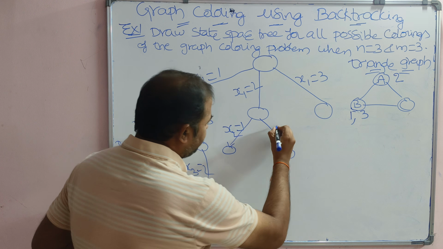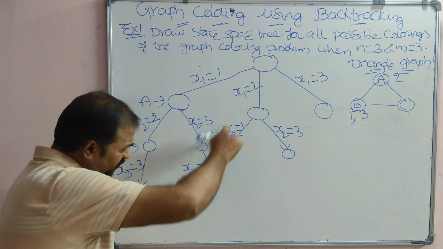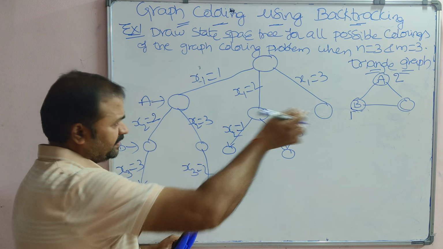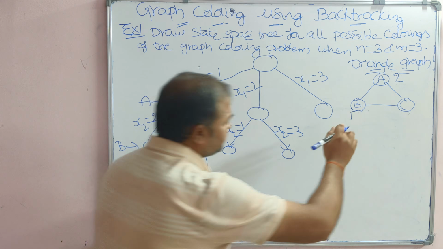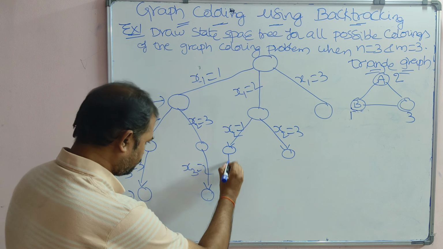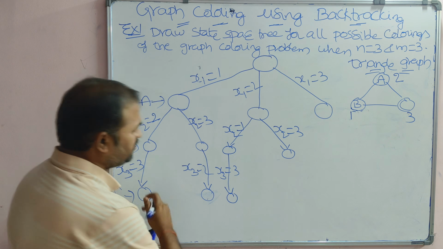So x2 value may be either 1 or 3. Let us focus on this path. Let vertex B be colored with color 1. Then vertex C can be colored with, we can't use 2 and 1. We can use color 3. So this is nothing but x3 equal to 3.